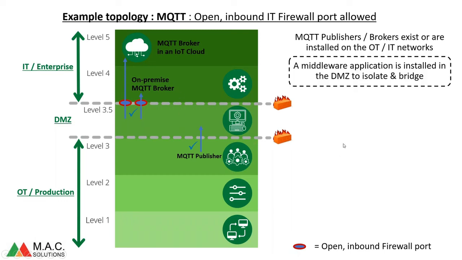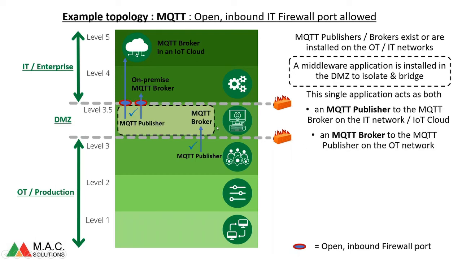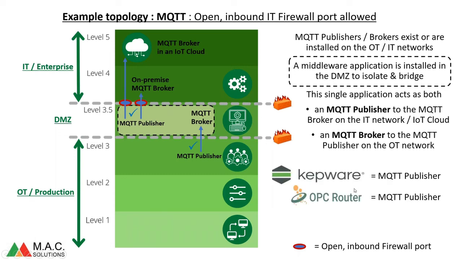So you need a middleware application installed in the DMZ, which acts as a broker to the publisher below, and then a publisher to the brokers above. Again, it's doing this isolating and bridging function. In terms of the products we sell, the OPC Router and the KEPServer will act as an MQTT publisher. The Cogent Data Hub will do both. It'll act as a broker and also act as a publisher.